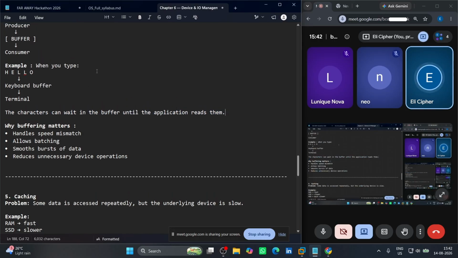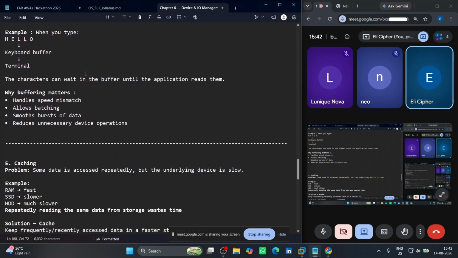Why does buffer matter? Because it handles speed mismatch, allows batching, and smooths bursts of data. Smooth burst just means a smooth flow of data, while also maintaining the speed and reducing unnecessary device operations.